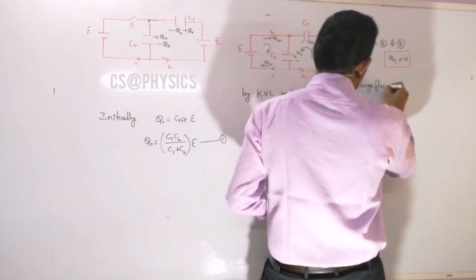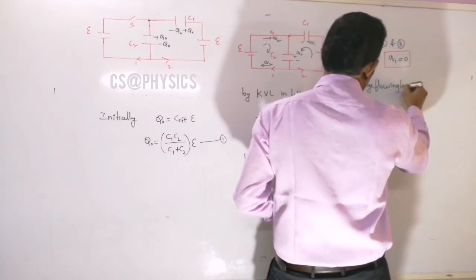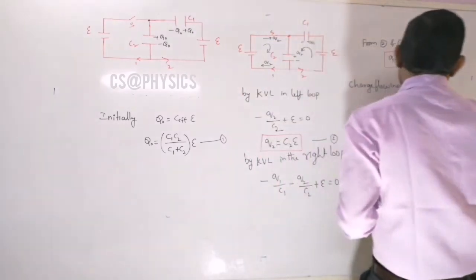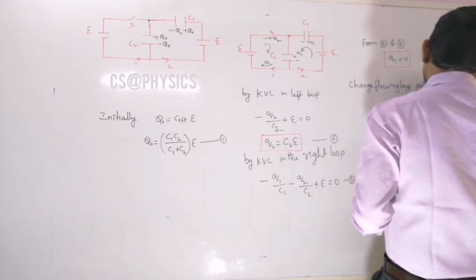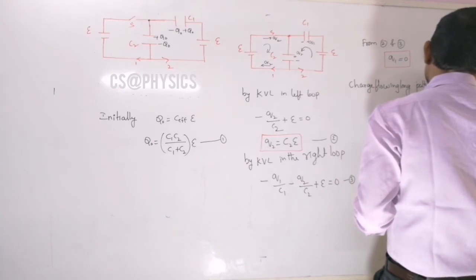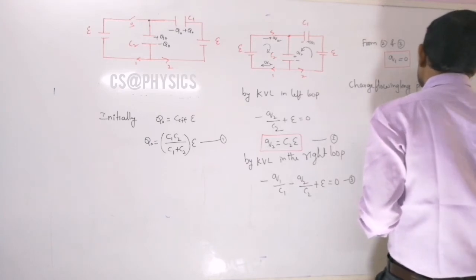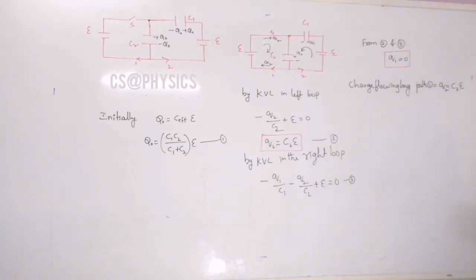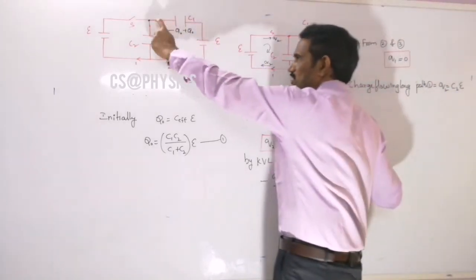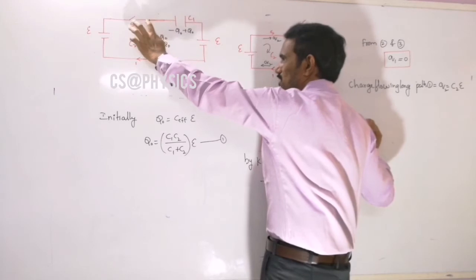Charge flowing along 1 is equal to Q2, which is C2 into E, right? That is the charge flowing along this path 1, C2 into E. Is it clear? Just to consider that junction, the initial charge on this junction is 0, the sum of these two charges.